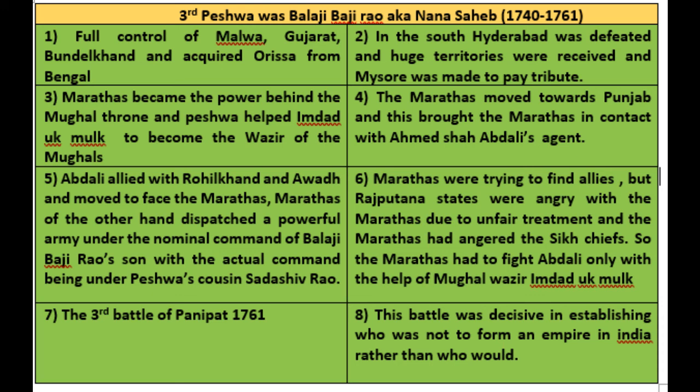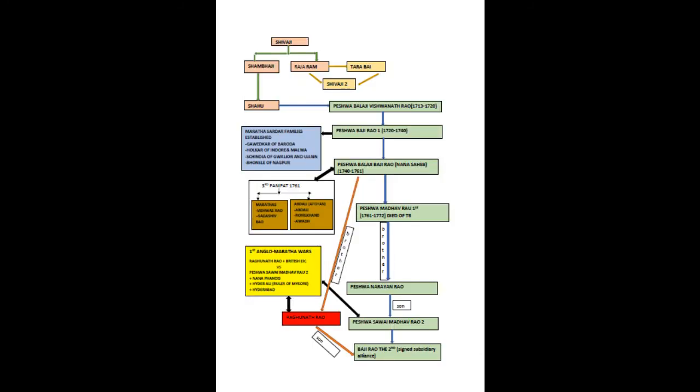The battle was decisive in establishing who was not to form an empire in India rather than who would. The effective control of the Peshwas over the Marathas was over, and the Maratha Sardars were busy carving out their own land. Marathas hereafter were simply a confederacy with the Peshwa as a nominal ruler who had to share his power with the other Sardars.